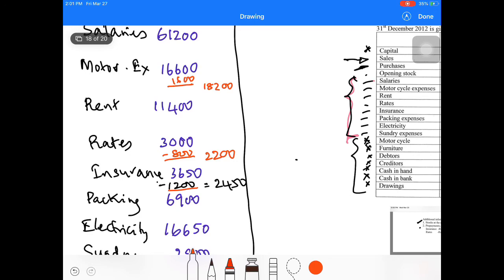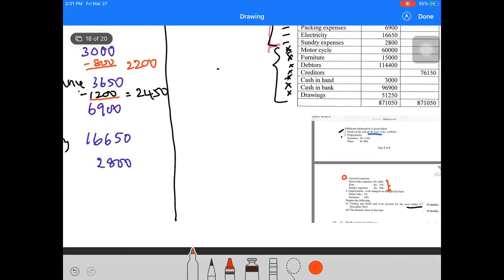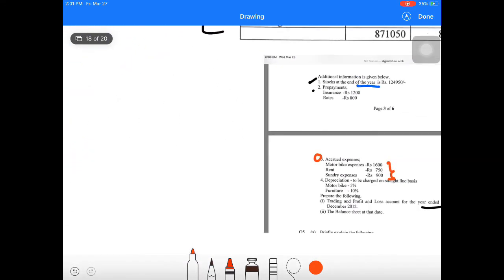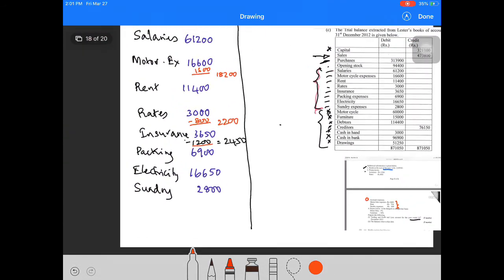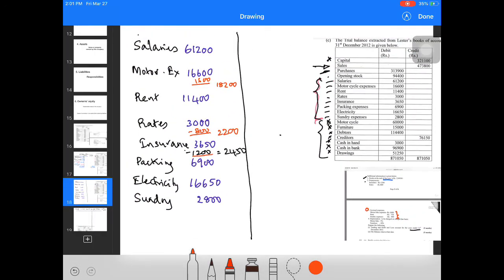Likewise, we have to add all the accrued expenses. Rent is 750, right? Now if we have paid only 11,400, we should add, right? And then the total will be 12,150.